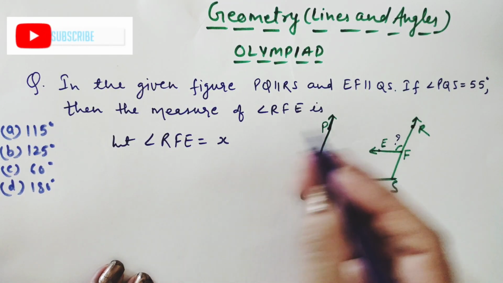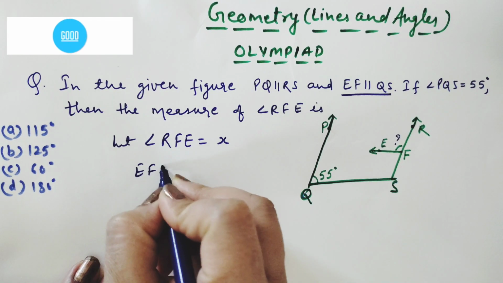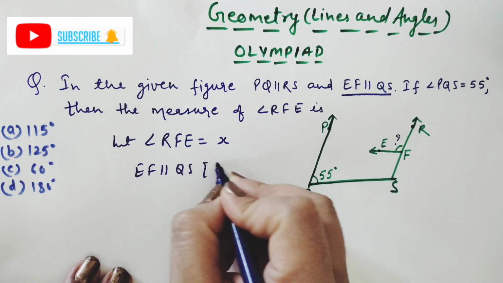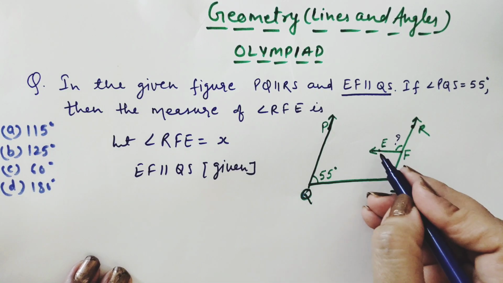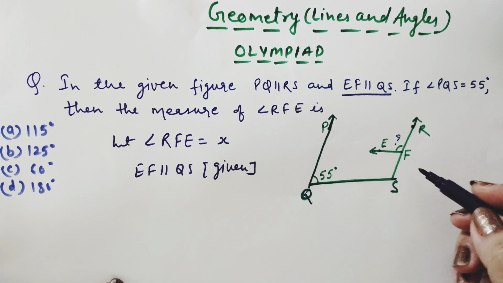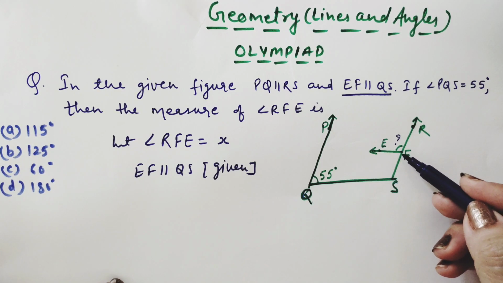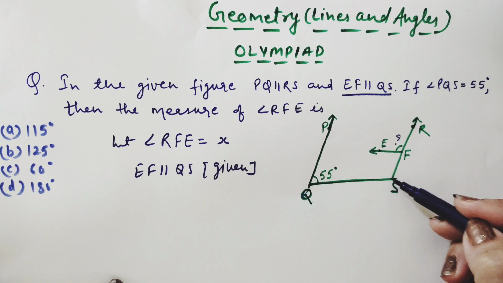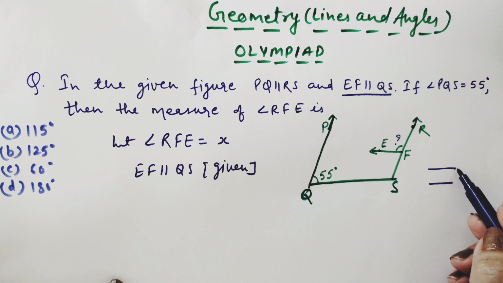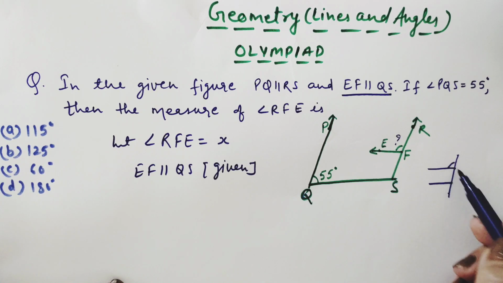Now according to the question, EF is parallel to QS. If two lines are parallel, then this line FS is the transversal line, and this angle and this angle will make corresponding angles.